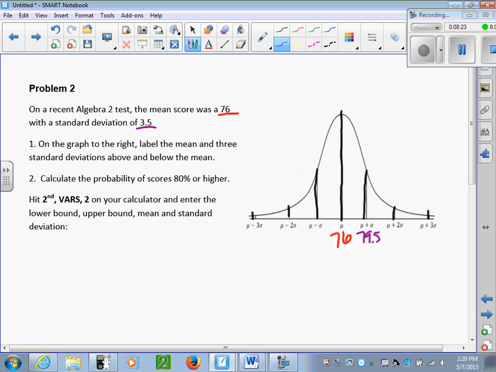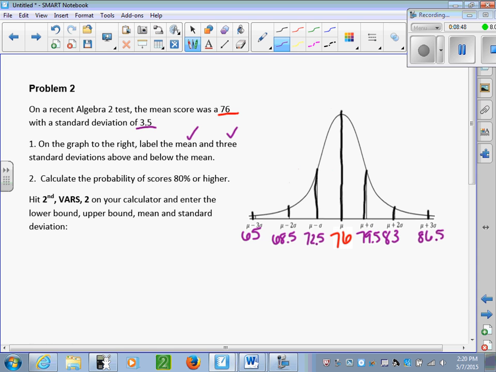This gives me 83, 86.5. And going the other direction is 72.5, and 68.5, and 65. Okay, we practiced that a lot last class. Okay, on the graph to the right, so that's what we did. We labeled the mean and the 3 standard deviations above and below.